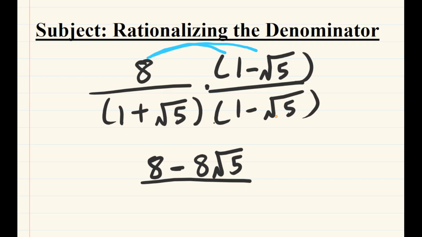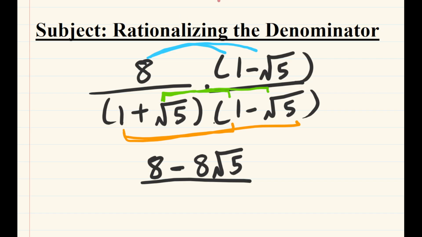So to multiply these two binomials, these two terms that have two terms each, first we're going to distribute the 1 to this 1 and the 1 to this negative radical 5. And then we'll distribute the radical 5 to the 1 and the radical 5 to the negative radical 5.